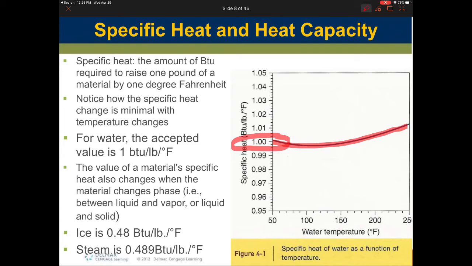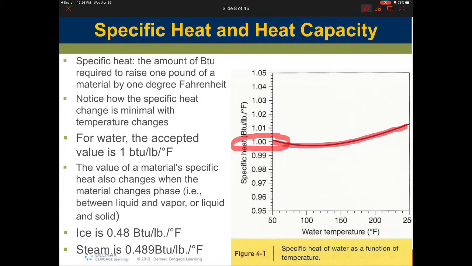That has a lot to do with how much heat carrying capacity water has, and we'll look more into it. We'll also look at some of these. For example, ice has a specific heat of roughly 0.48 BTUs per pound per degree Fahrenheit, compared to water. You might say, well, ice is still water, but ice has had a phase change.